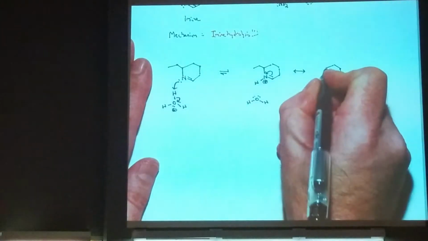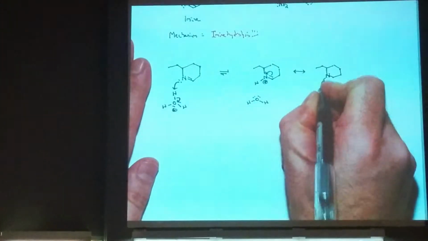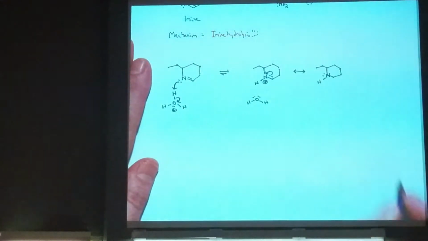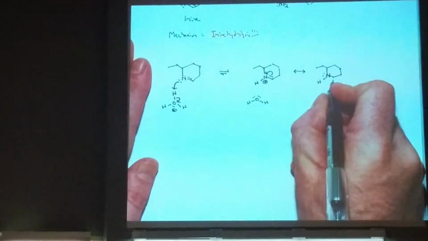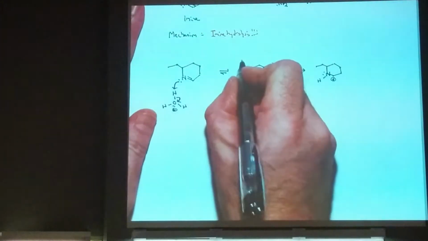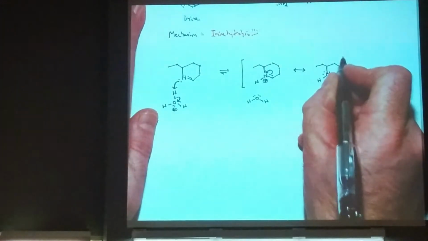Nitrogen is still part of that ring. It still has a hydrogen. It now has, I'll put the lone pair out there where it's a little bit easier to see, a positive charge there. This is a resonance stabilized cation.